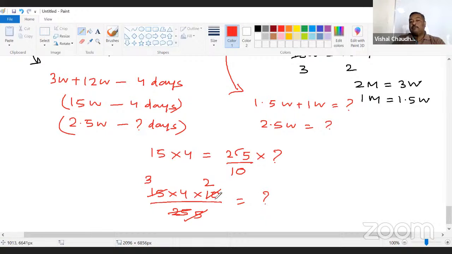So 1 man and 1 woman will do it in how many days? 3 4s are 12, 12 2s are 24. So 1 man and 1 woman can do it in 24 days. Is it clear, guys?